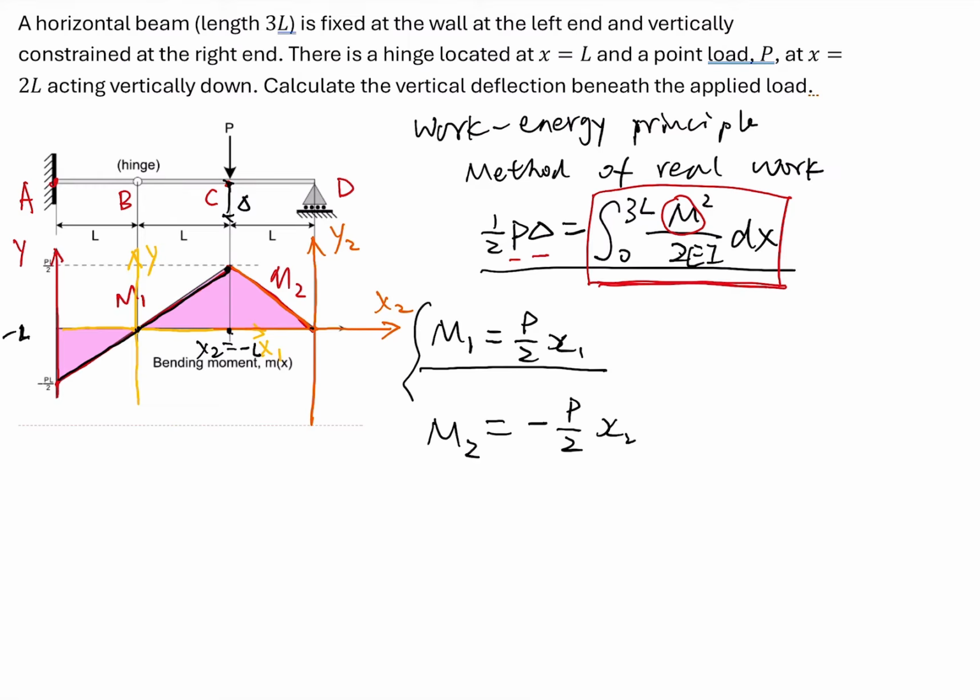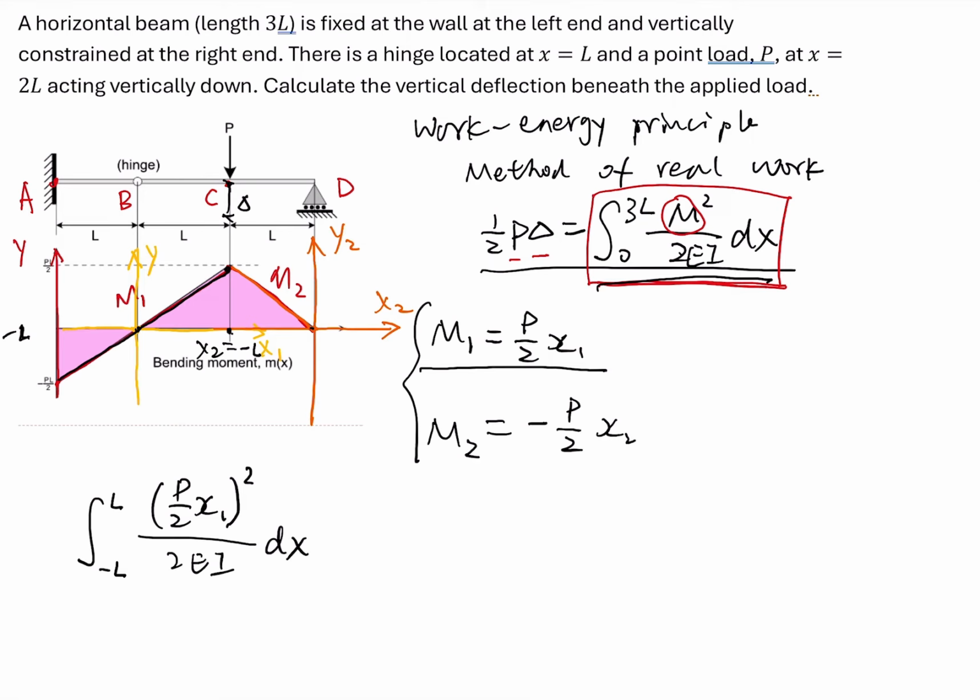Once we have the expressions for M1 and M2, we plug them into the integrals and evaluate them. For M1, the integral has x1 changing from negative L to positive L, with P over 2 x1 squared over 2EI dx.